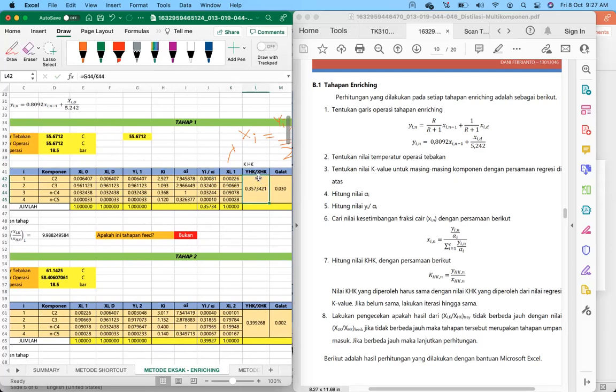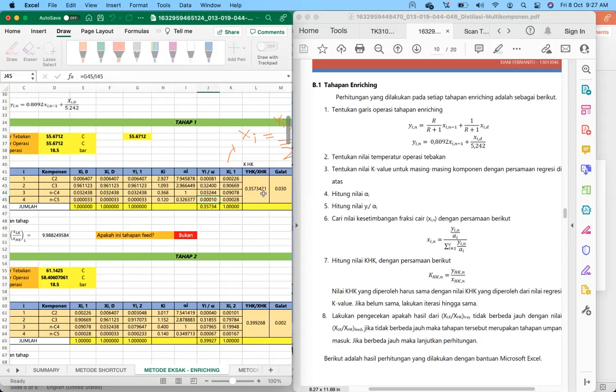This should be similar to the KHK calculated from the equation, which is calculated from the temperature.